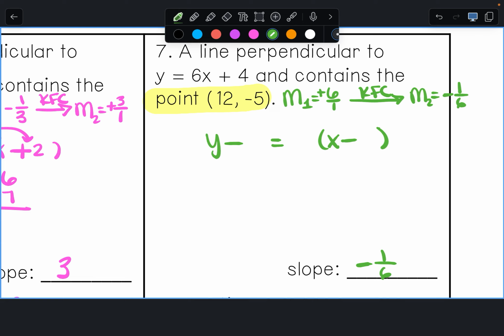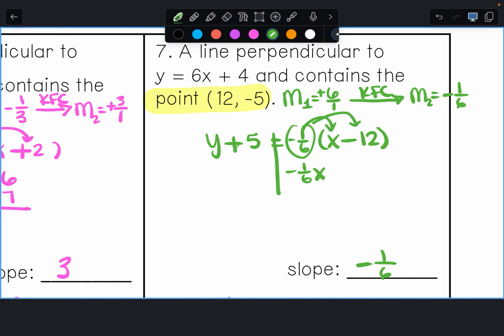Okay? So on the left side of the equation, what would we write? Y plus 5 equals -1 over 6 times x minus 12. Good. All right. So first step is to distribute always. But when we multiply -1 over 6 times what? -12?